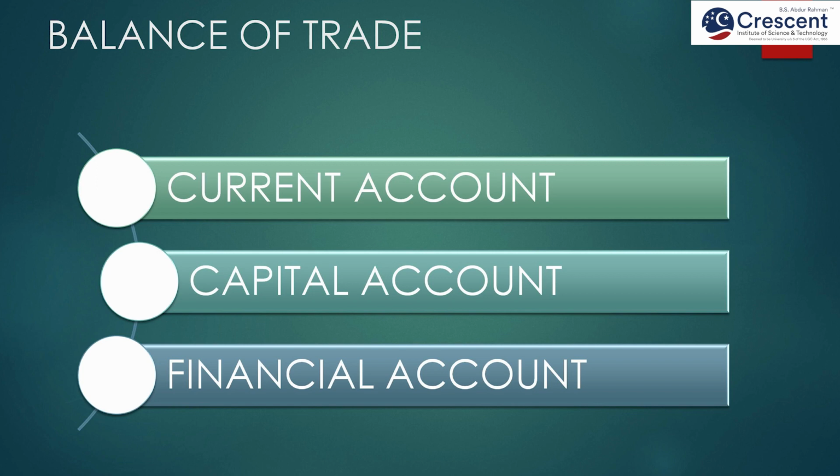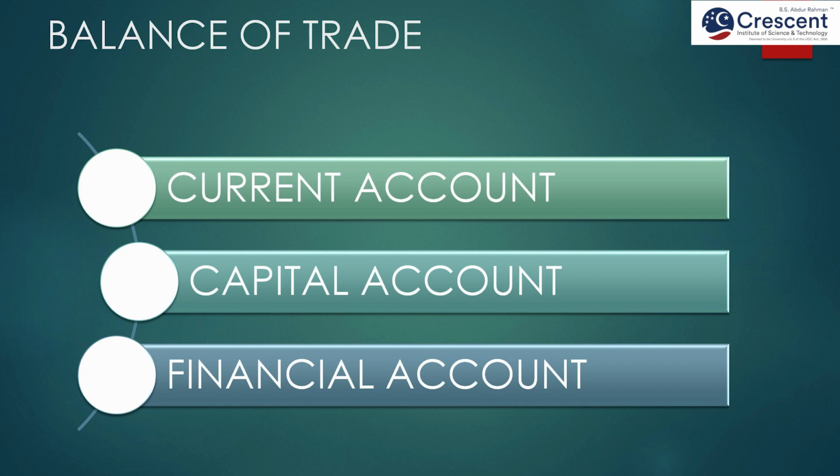The types of balance of trade are the current account. The current account consists of the goods and services account, the primary income account and the secondary income account. The capital account. The capital account is much smaller than the other two and consists primarily of debt forgiveness and assets from migrants coming to or leaving the country.